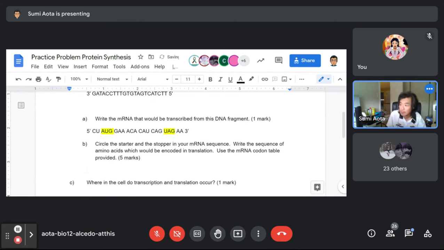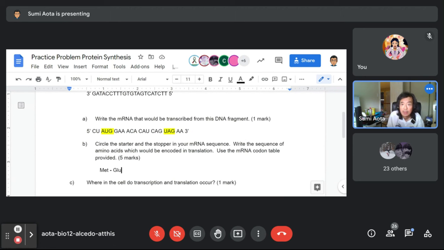So if I do that, we know that AUG is methionine, then GAA, so GAA is glu, which is glutamic acid.